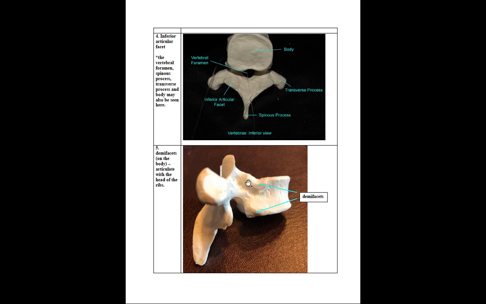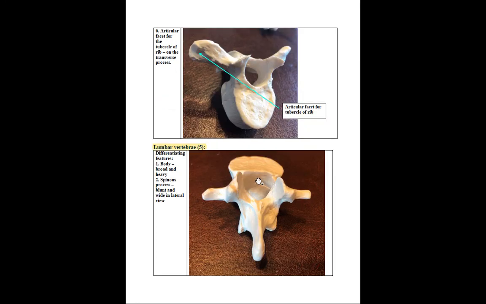So the demifacets are going to be on the body, and there'll be a superior one and an inferior one. You just call them demifacets. And this is where you're going to articulate with the head of the ribs. So those are your demifacets.